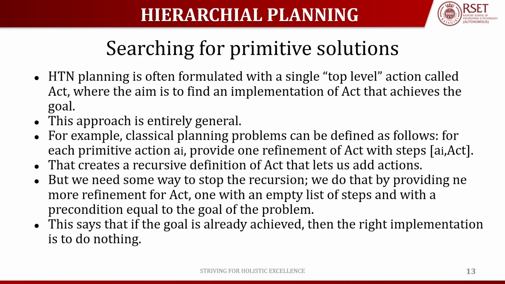This means that HTN planning can be written using one big action called ACT, in which the aim is to find a sequence of primitive actions in order to achieve the goal. We create one main task and one goal, and we refine it until we get only primitive actions. So classical planning problems can be expressed as refinements of ACT.